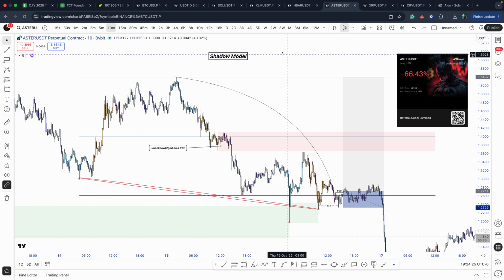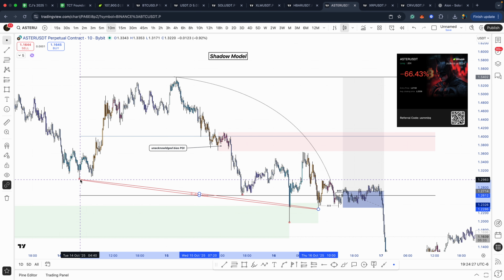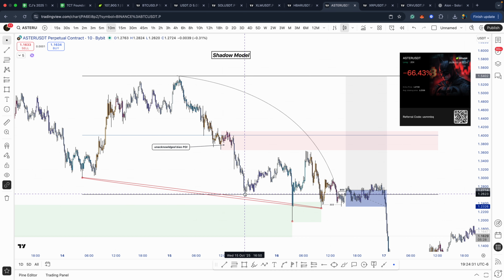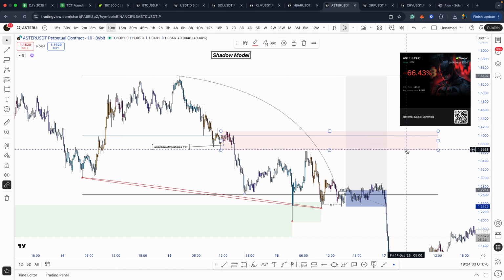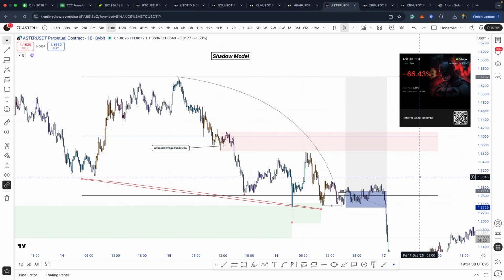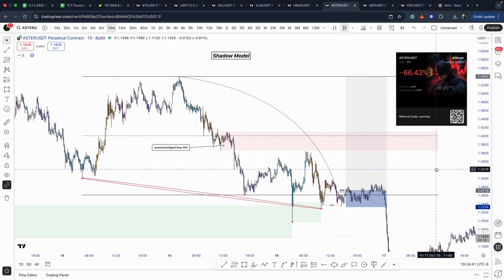Let me give you a little bit of perspective before we hop into this trade right here. Here is an attempted extended model. This is an extended model here that I tried to trade on ASTER, and there was really no reason for it.